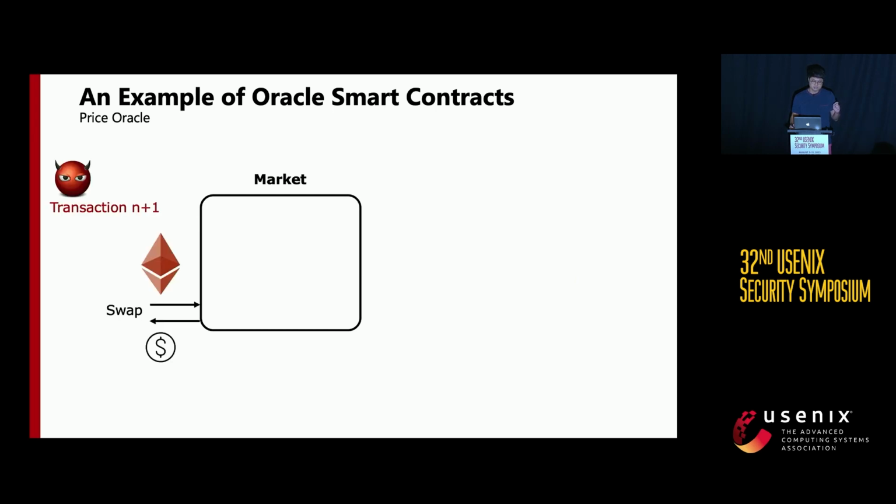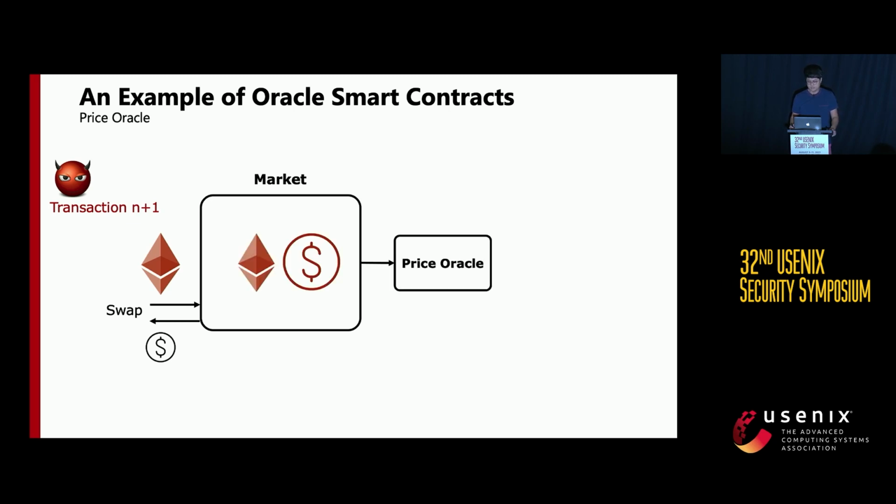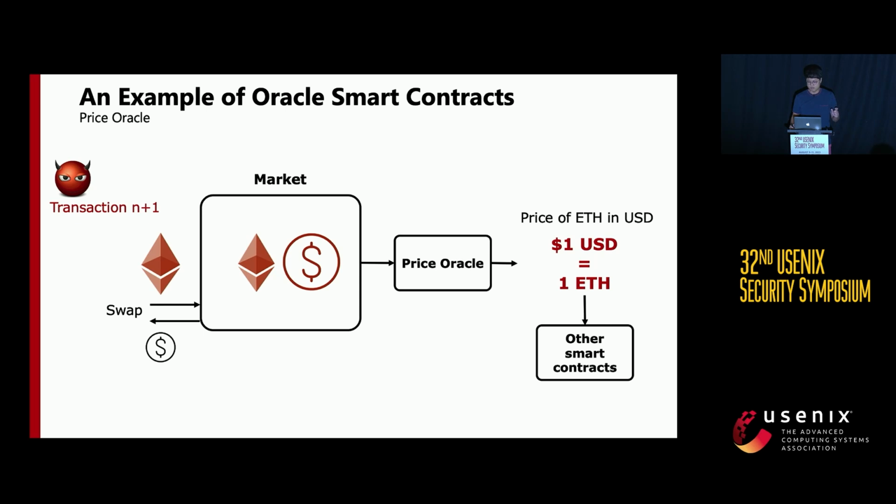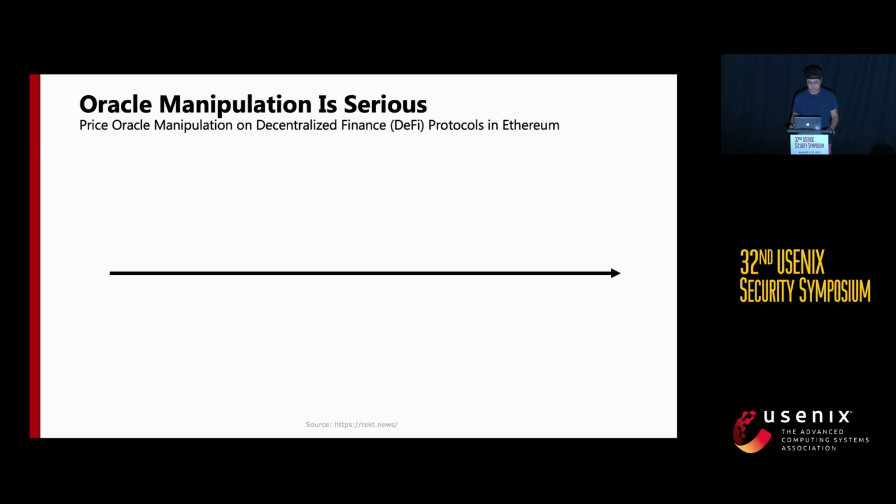That means the attacker can issue a malicious transaction to distort this ratio severely, such that the price oracle makes a wrong estimate of the price of Ethereum, and that wrong value is propagated to the downstream smart contract. This is called oracle manipulation.